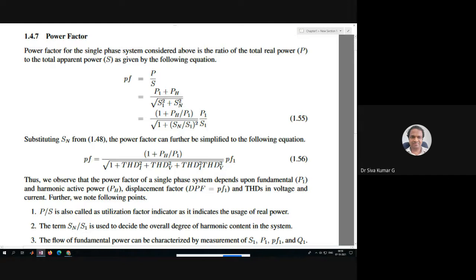This P is defined as P1 plus PH. And then S is the square root of S1 square plus Sn square, where we have seen that Sn is expressed as S1 into THD of current, squared.